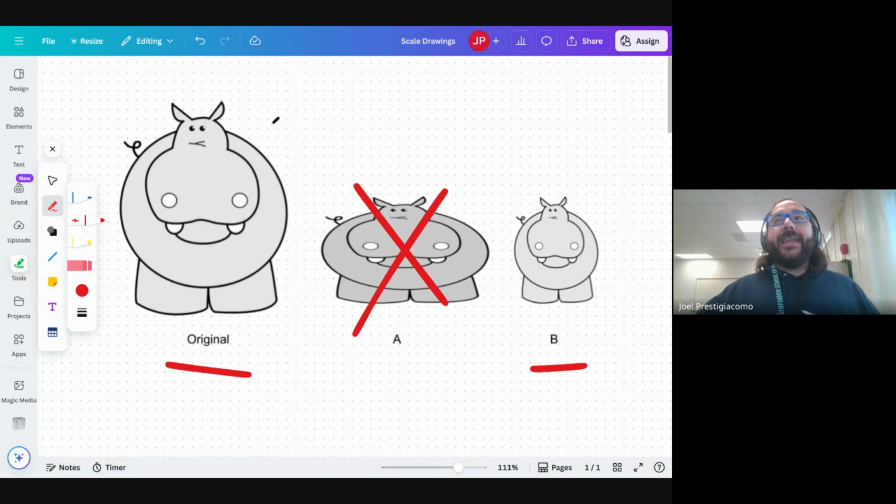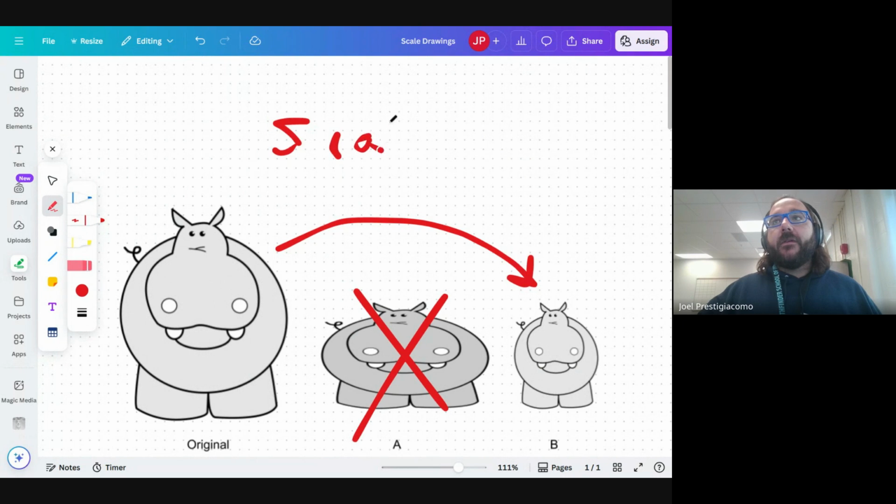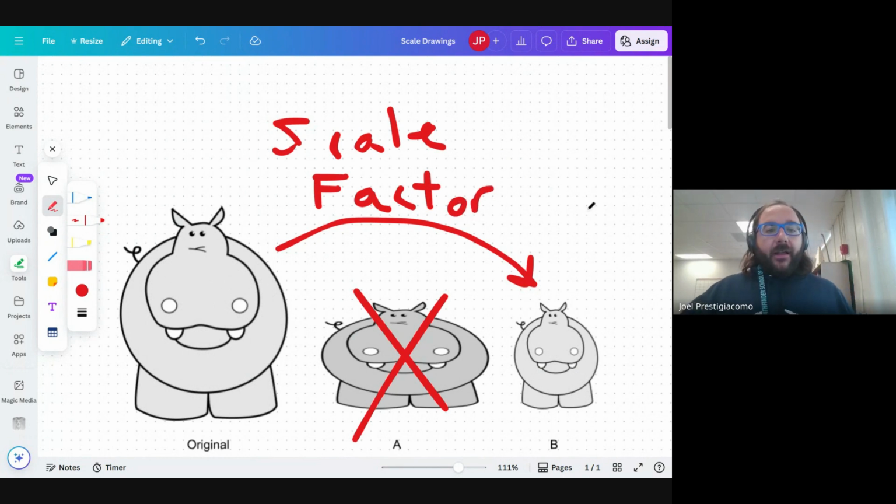So what connects the two of these is something that we call a scale factor. Sorry, the pen is being a little sloppy today. What connects them is a scale factor.